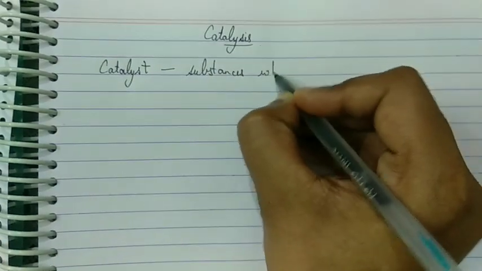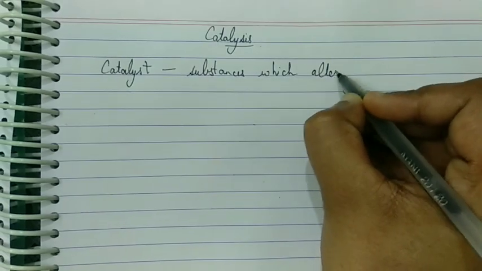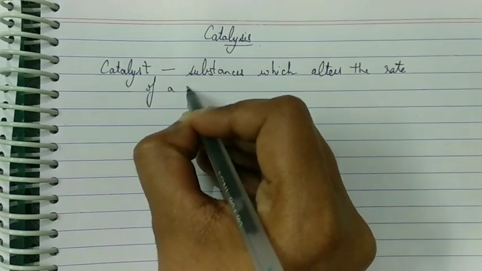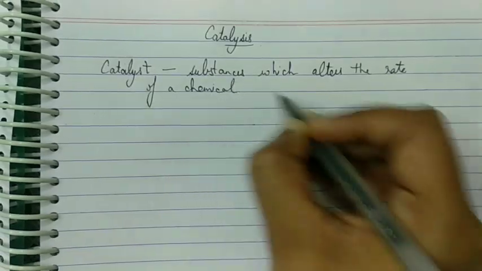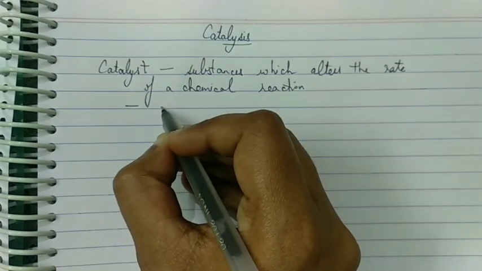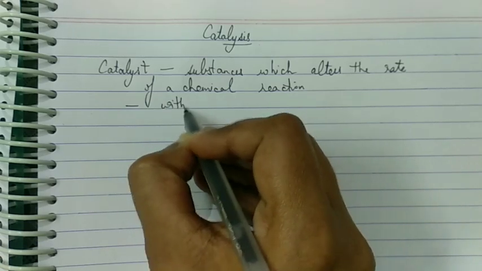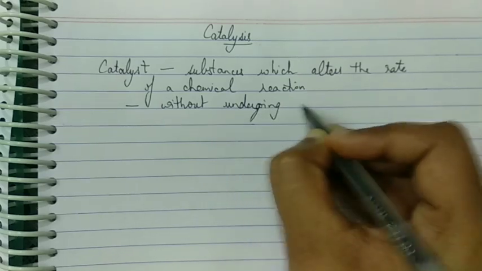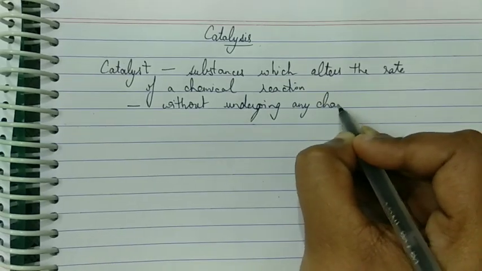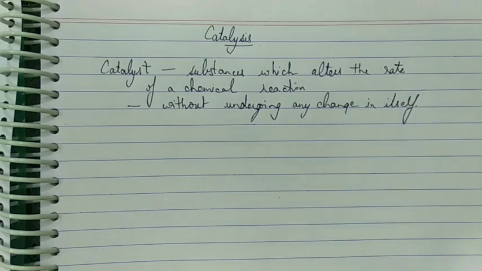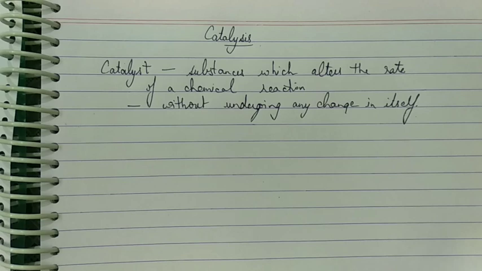Substances which alter the rate of a chemical reaction, second thing is, without undergoing any change in itself during the chemical reaction.